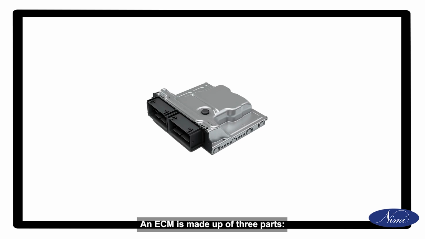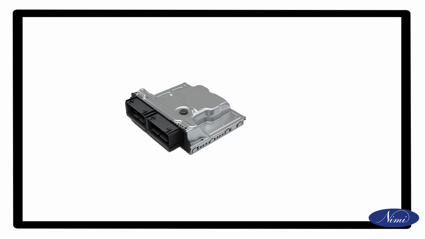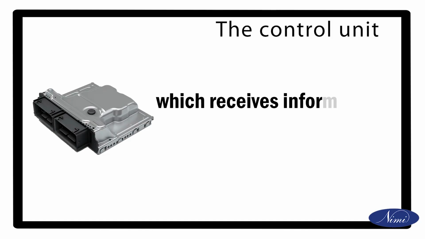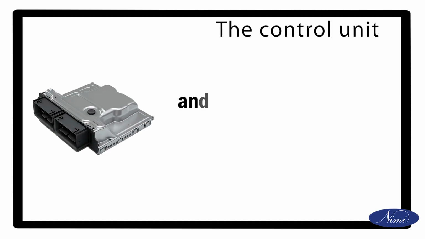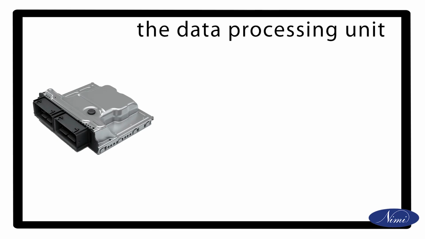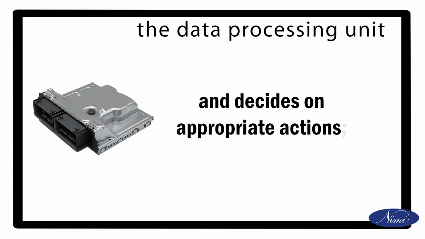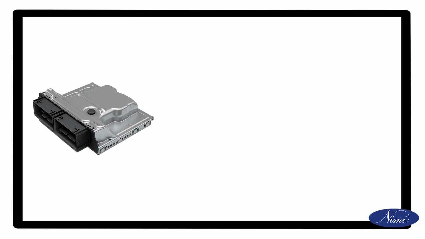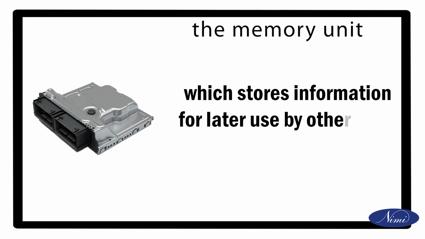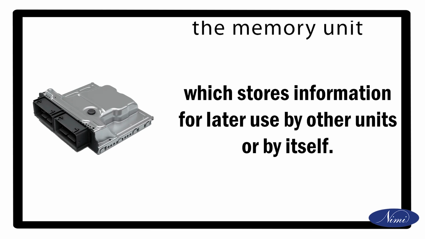An ECM is made up of three parts: the control unit, which receives information from sensors and gives commands to actuators; the data processing unit, which analyzes received data and decides on appropriate actions; and finally, the memory unit, which stores information for later use by other units or by itself.